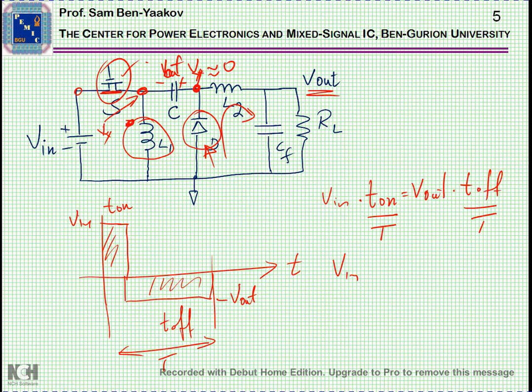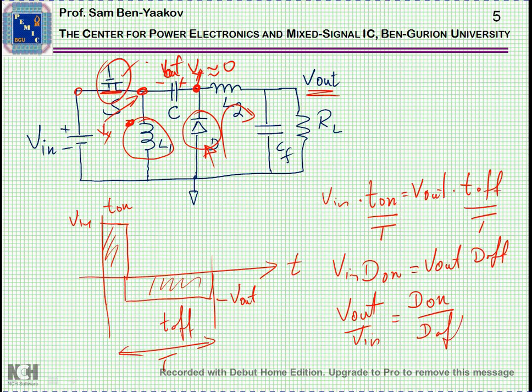We have V in times D on equal to V out times D off, from which we get that V out over V in, which is the voltage gain of this circuit, is D on over D off.